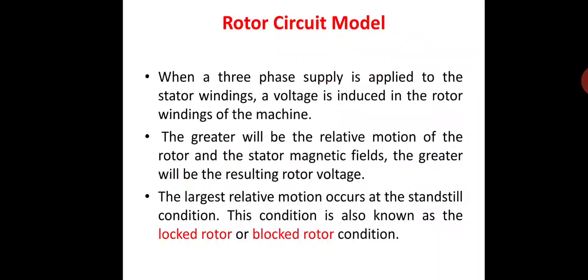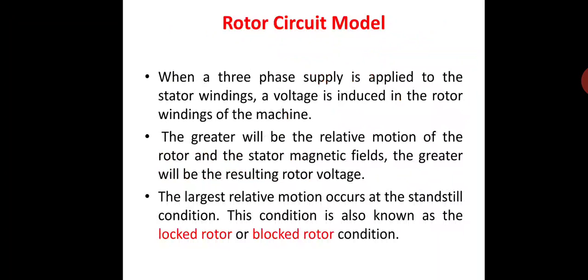Next we can see the rotor circuit model. When three-phase supply is given, what happens in the circuit? Because of the rotating magnetic field, an EMF is induced in the rotor, which causes current to flow through the rotor coil, which creates a force on the rotor, so the rotor starts to rotate. The greater the relative motion between rotor and stator, the greater the EMF induced in the rotor.